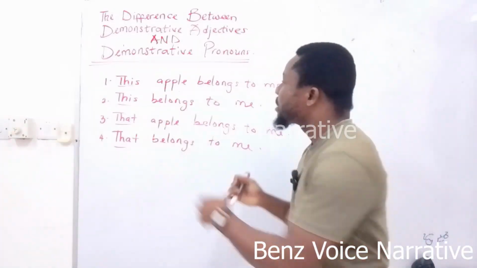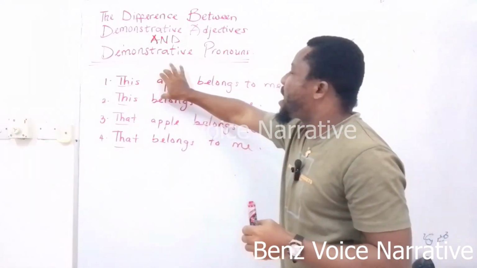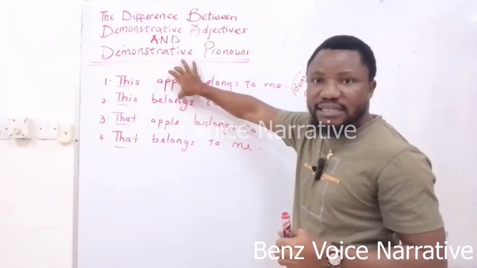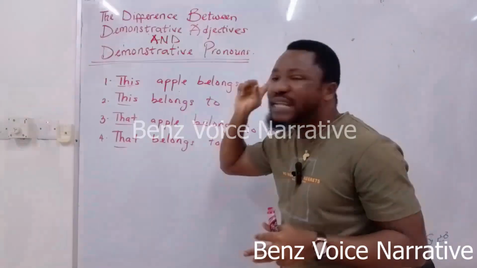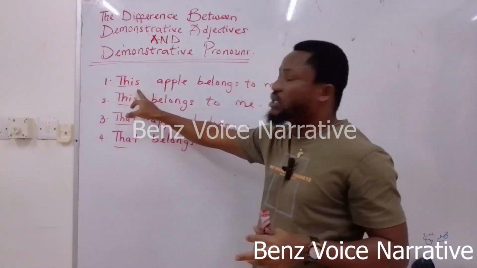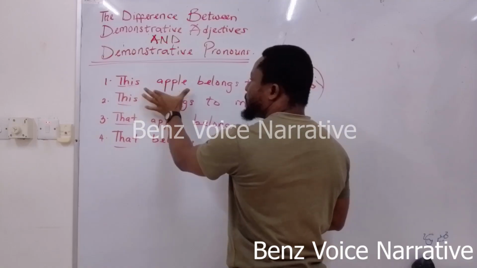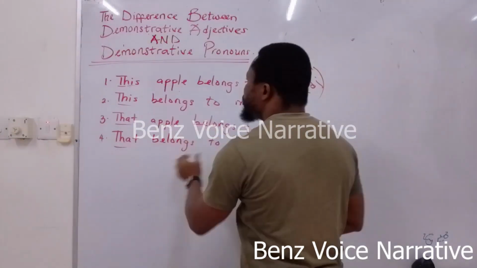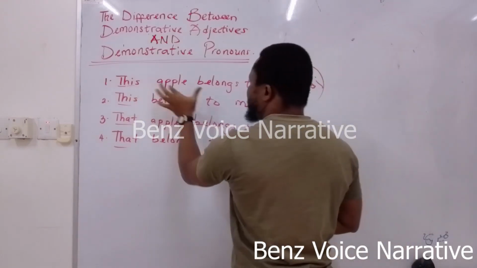So in other words, demonstrative adjectives are adjectives that modify a noun. They point out or point to a noun. So you mention the demonstrative, this, and then structurally a noun must follow. So this apple belongs to me. That is a demonstrative adjective.